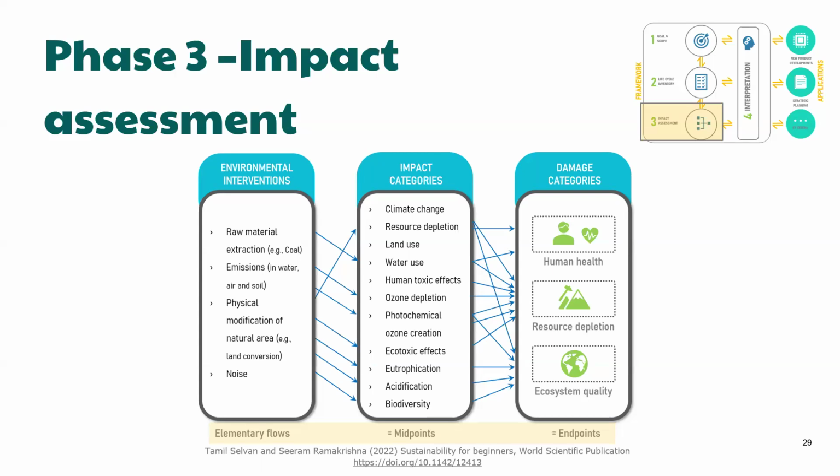So you can connect your input and output material flows to your different impact categories. And with this, you can precisely map out your damage categories also. So with this, we have covered the different types of impact assessment. And once you have a clear understanding of your impact assessment, you can move on to your final stage, which is your interpretation stage.